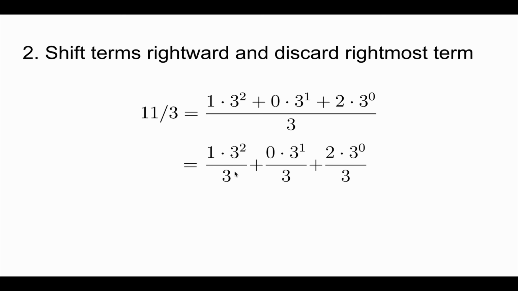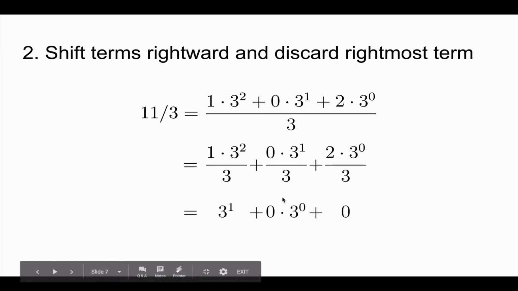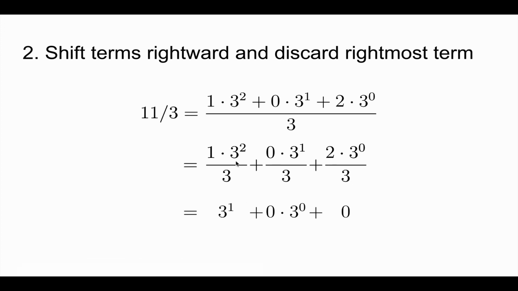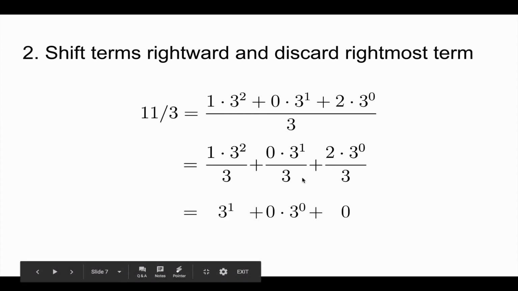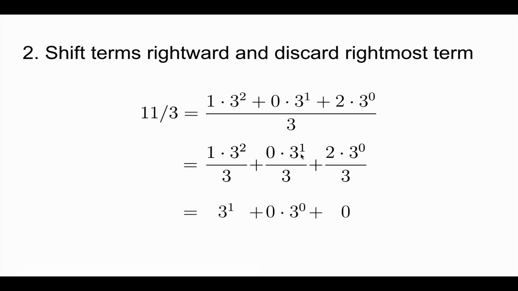If we carry out these divisions on each of these terms, then every term except the rightmost term, the power of 3, is just going to get bumped down 1. So this was 3 to the second power before, but when we divide it by 3, it just goes down 1 power, and it's still 1 times 3 to that. And this one is also going to get bumped down similarly.